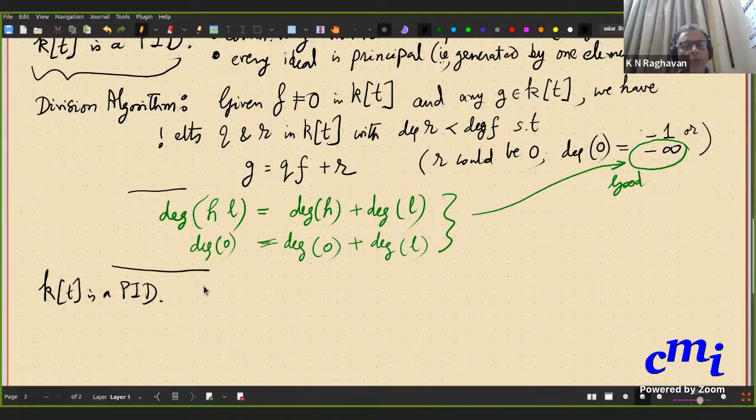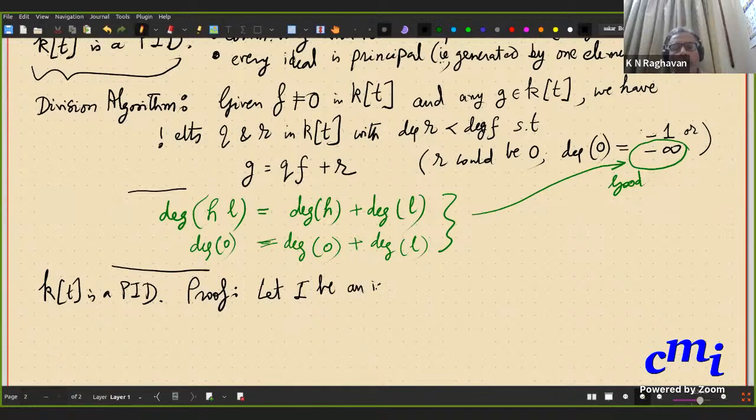Okay, here is a proof. I'm not going to prove that it's an integral domain. That's sort of obvious; in fact, we have used it here. The degrees will add. I'm only going to prove the part that any ideal is principal. And as Annamalai said, let I be an ideal in K[t].